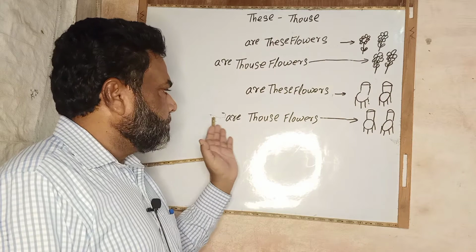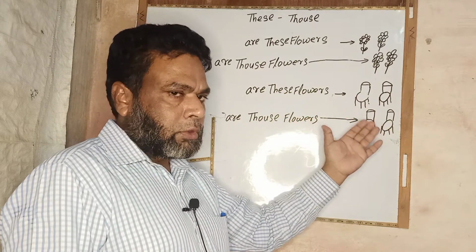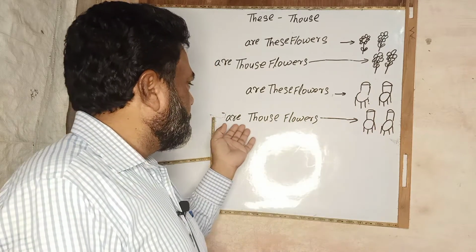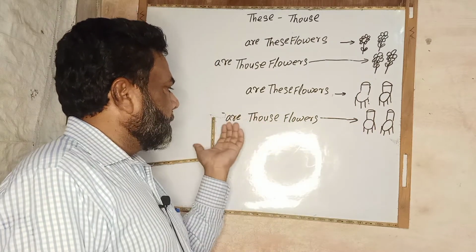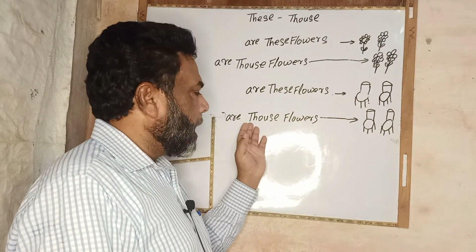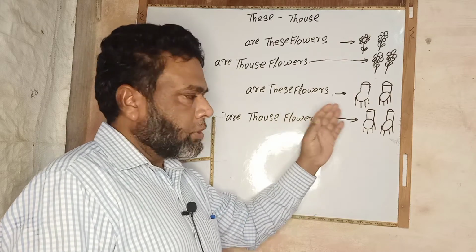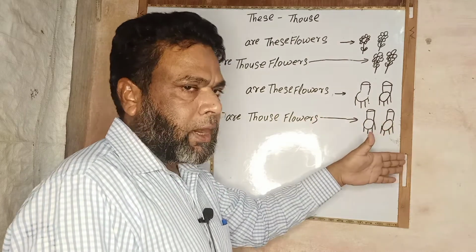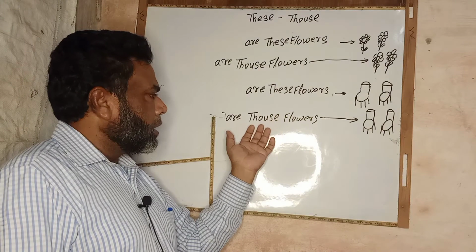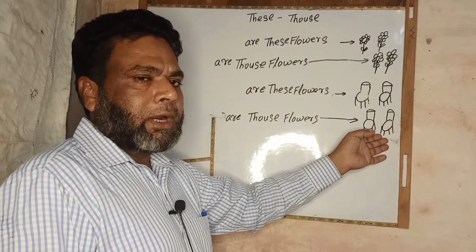And also here far away, but those are not chairs. So we make the question: are those flowers? Because this is far away and also more than one, this is plural.